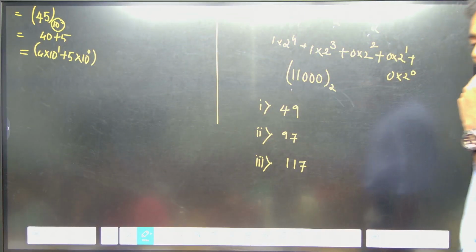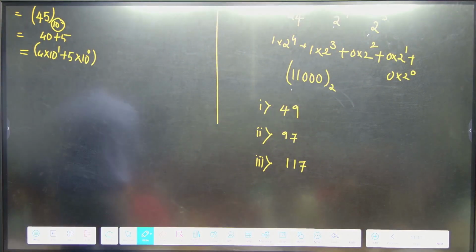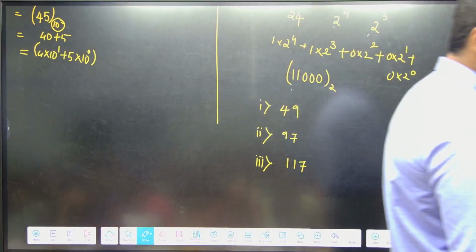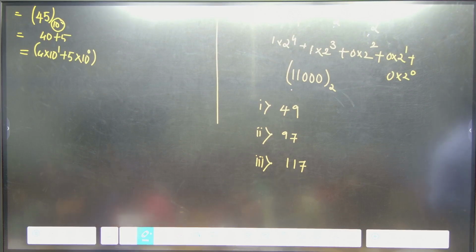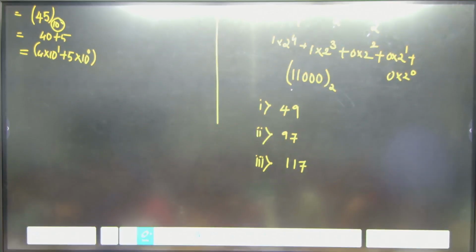So 49, what is the nearest one? 2 power 7. Zero zero zero one.